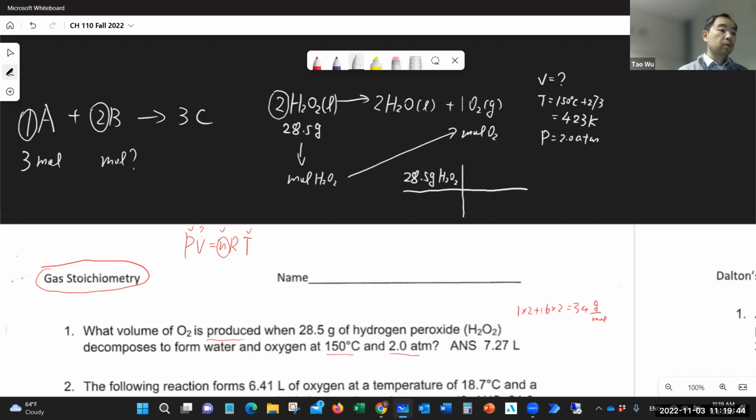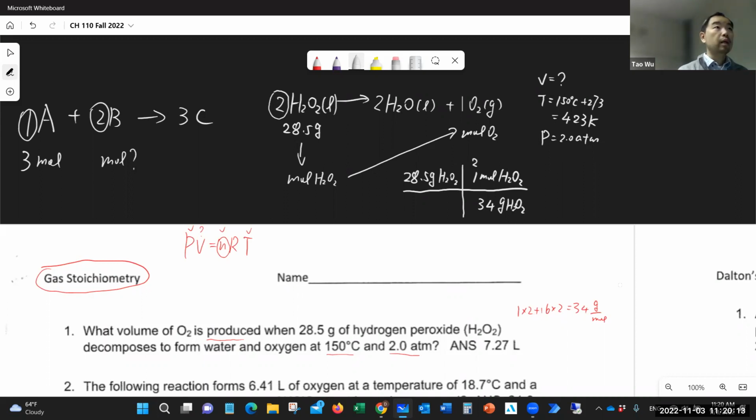The molar mass is 34 grams per mole, which means 1 mole of hydrogen peroxide is 34 grams. If you times 2 moles, then what happens? You'd write that 2 moles of hydrogen peroxide is 34 grams.